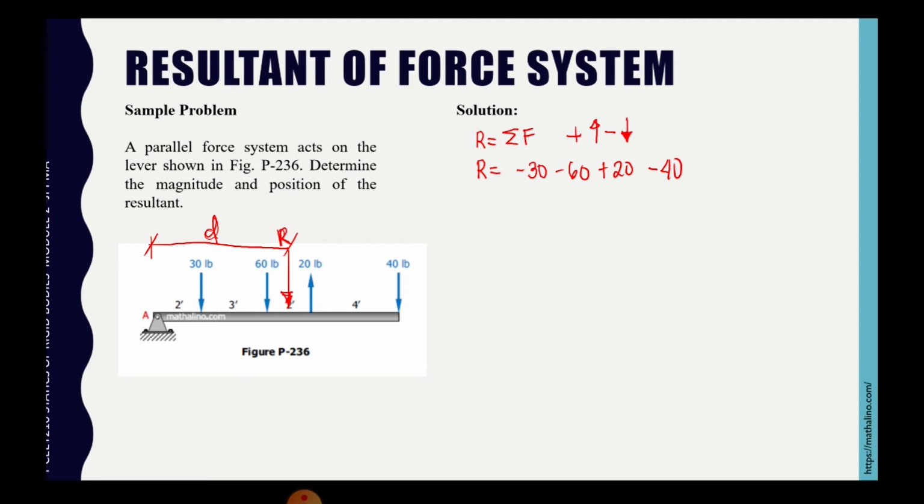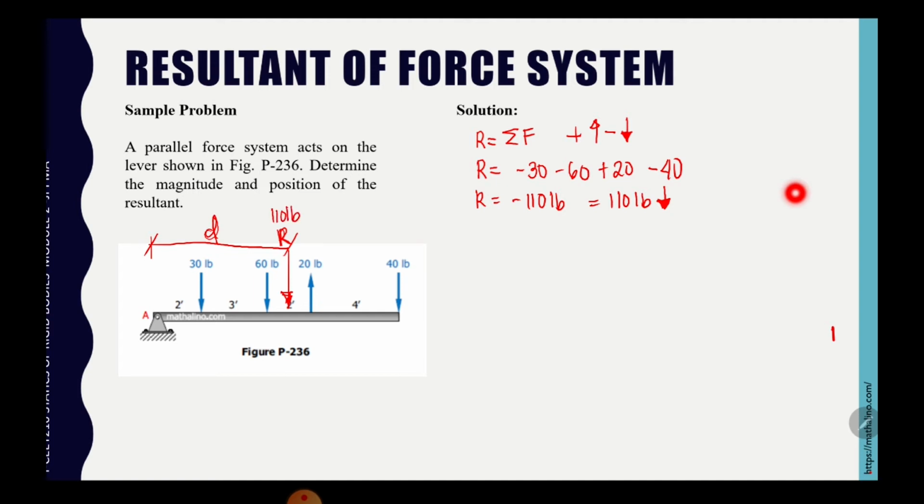Negative 30 minus 60 plus 20 minus 40, R is equal to negative 110 pounds, or 110 pounds going down, kasi negative po yung naging answer ng resultant natin. So, this is 110 pounds.